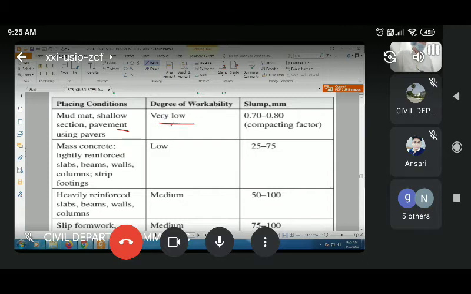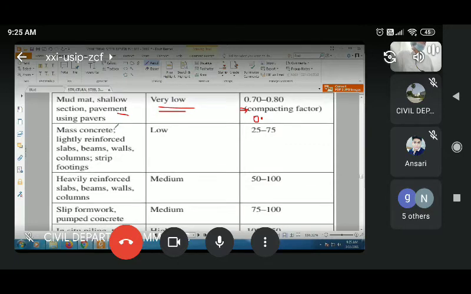If the degree of workability is very low, then slump will be 0. For that, we test the workability by the compaction factor test. We will see that after this.